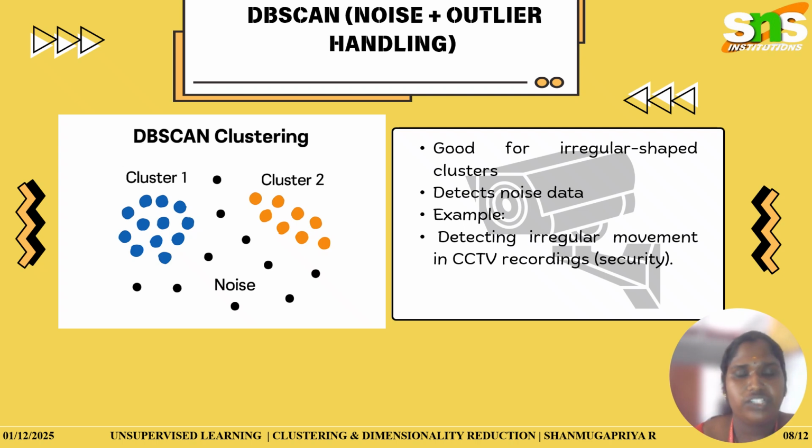It's good for irregular shapes, when we don't know the shape. Examples are detecting irregular movements in CCTV recordings and anomaly behaviors, and movement detection for government exams. We use this type of clustering because it finds the noise and detects movements.